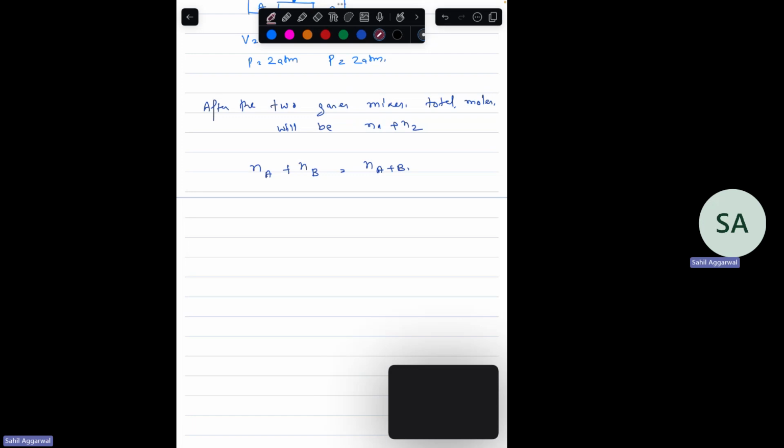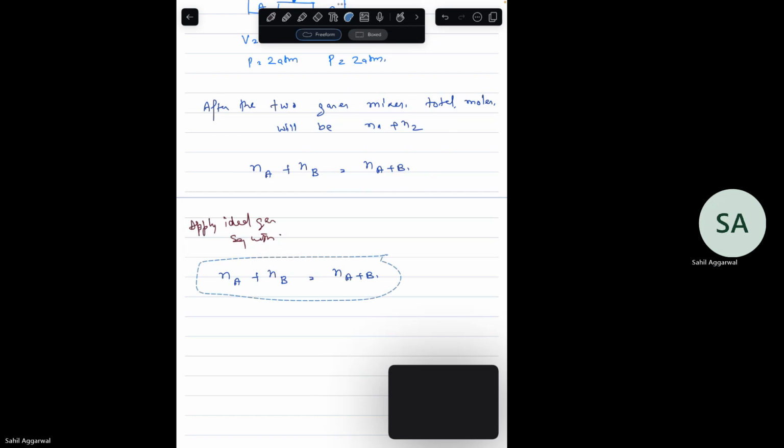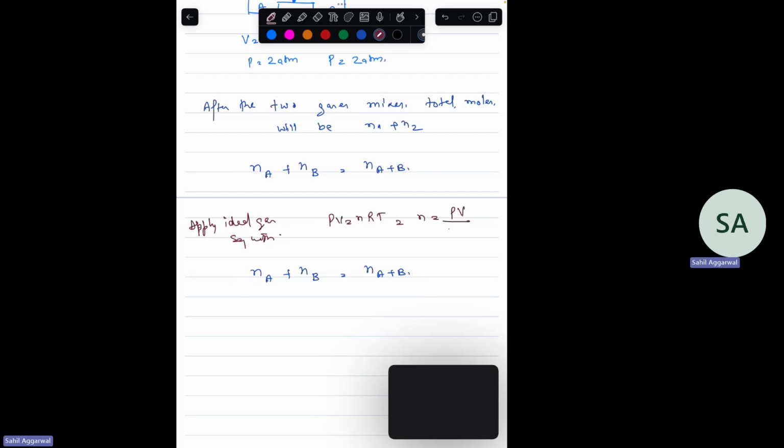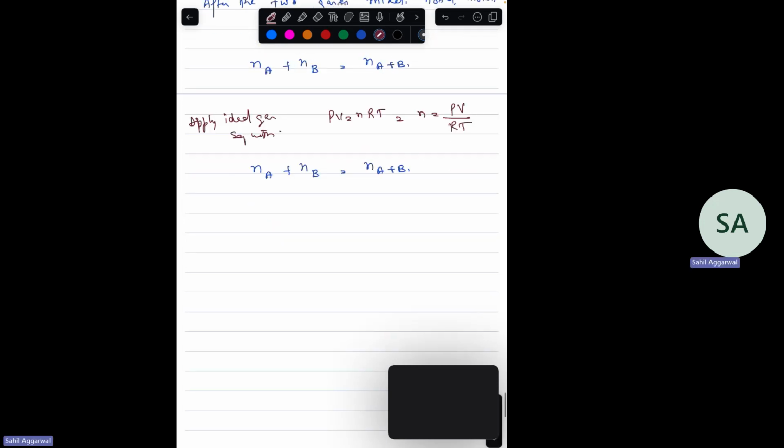We will apply ideal gas equation. It says PV equals to nRT. That means n is equals to PV by RT. We'll write PA VA upon R T plus PB VB divided by R T is equals to P final V final divided by R T final.